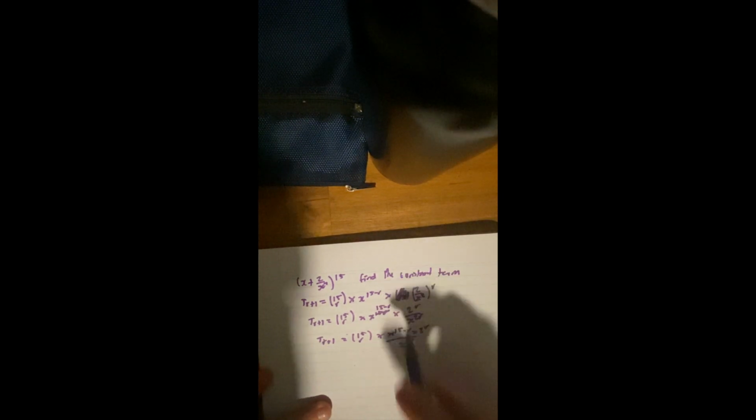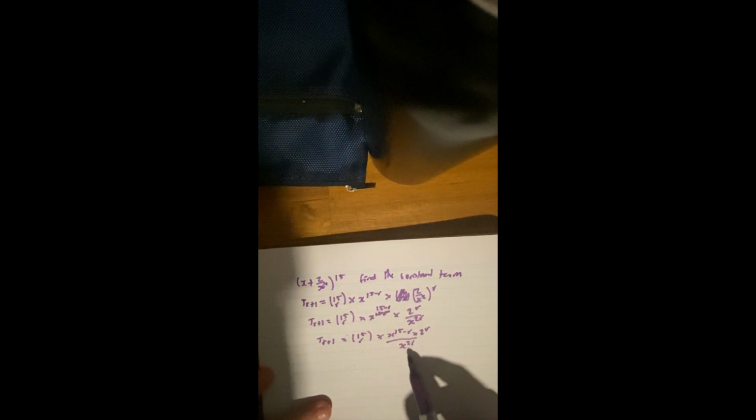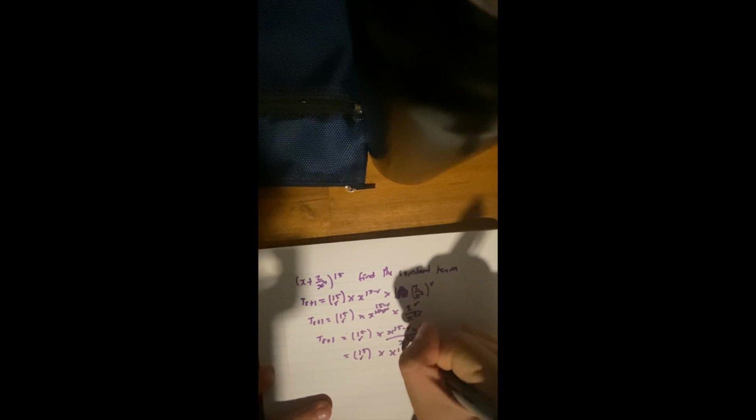See that we have x to the 15 minus r divided by x to the 2r. We're simply dividing one by another, and they have the same base. So we subtract the exponents from each other. For the 15 minus r, we subtract 2r from 15 minus r. So that means the general term is going to be simplified to be x to the 15 minus 3r times 2 to the r.